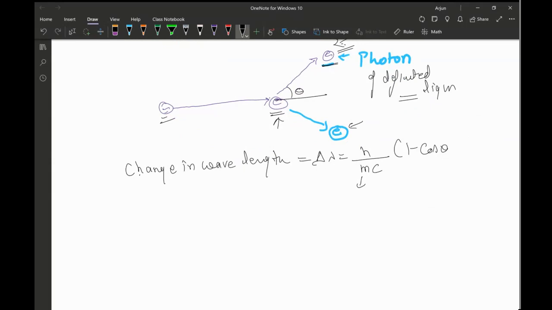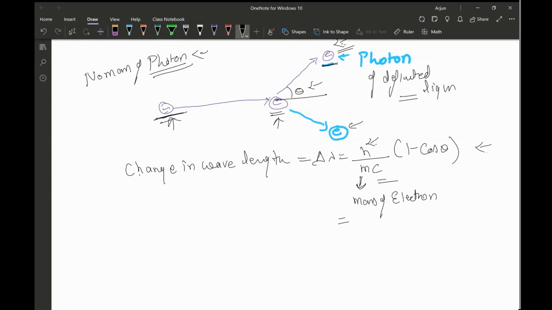There is no mass of photon. Photon is a massless particle. So the angle value we can calculate from here, and this mass value is the mass of the electron. c is the speed of light, h is Planck's constant.